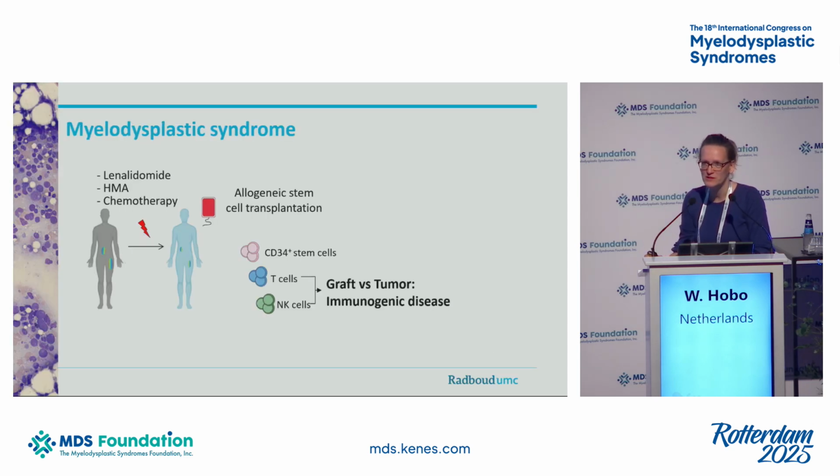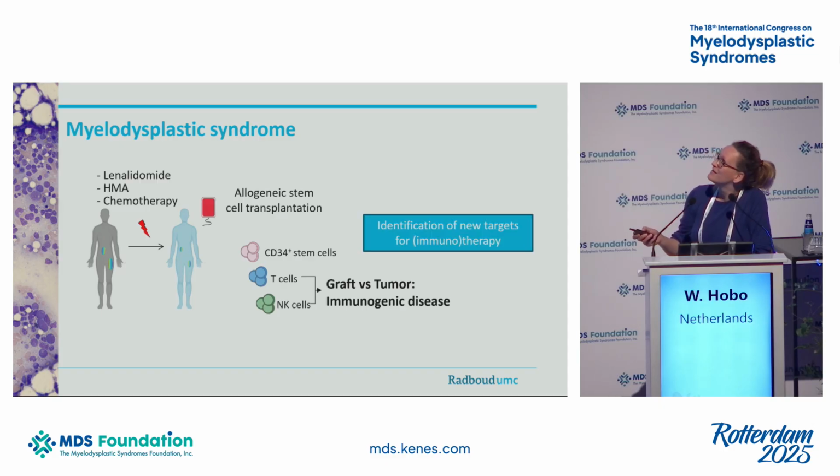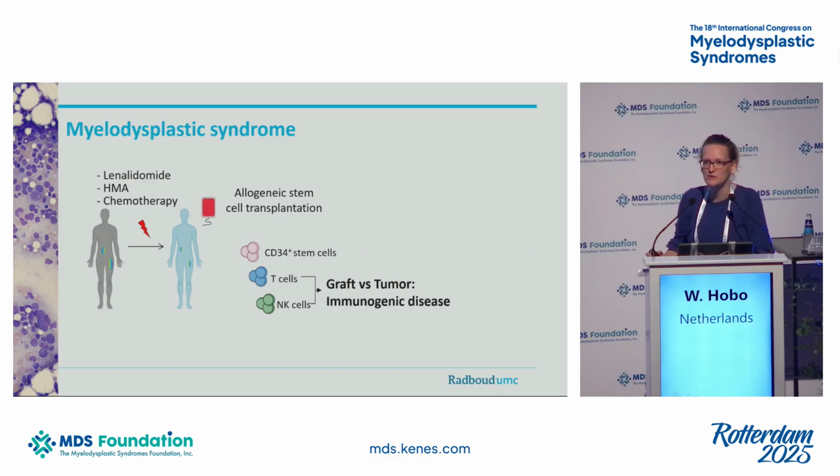We know that myelodysplastic syndrome is an immunogenic disease, so depending on the type of MDS and the risk category, patients can be treated with lenalidomide, HMA, or chemotherapy. But high-risk patients can be treated with an allogeneic stem cell transplant, and we know that this therapy can be curative due to the graft versus tumor effect mediated by the donor T cells and the donor NK cells.